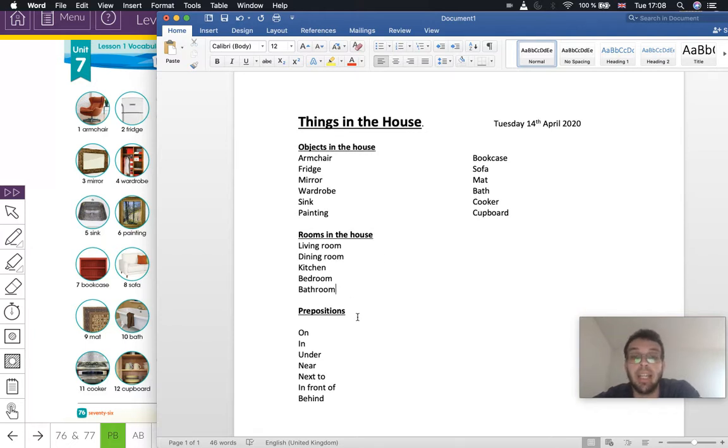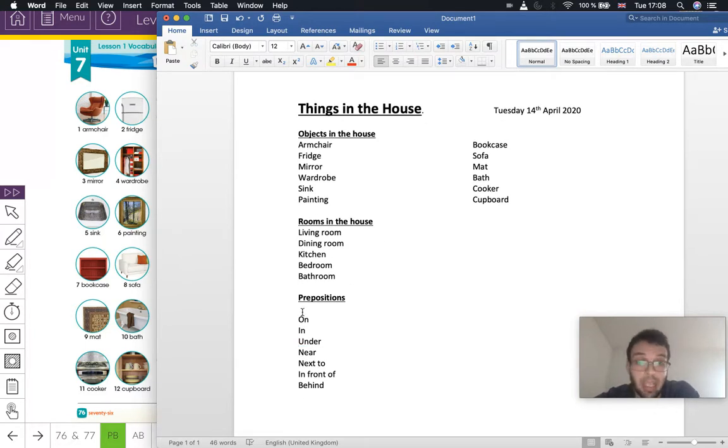And the last thing we're going to copy, again it's revision, is prepositions. On, in, under, near, next to, in front of, and behind. Just to remind you, I'll show you.